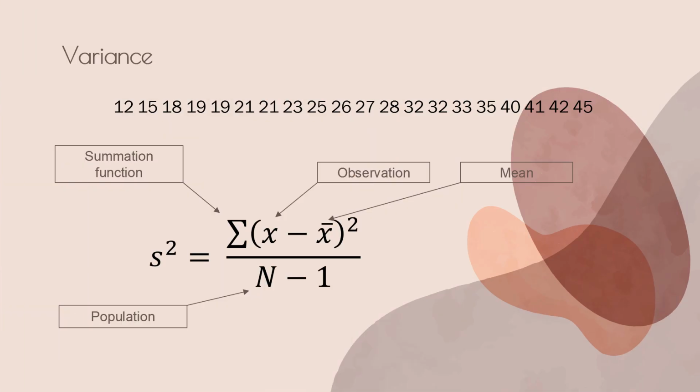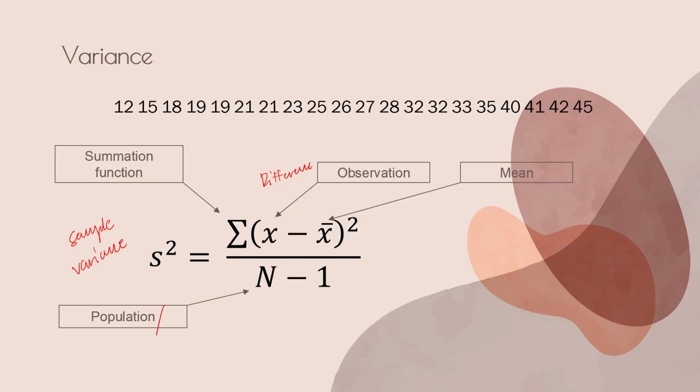Next, we have a more complicated computation, variance. We have our formula right here. Variance is represented by s squared. So this is a representation of what we call the sample variance, which is equal to the summation of x minus mean, we sometimes refer to this as the difference, squared, divided by the population, in this case, minus 1.